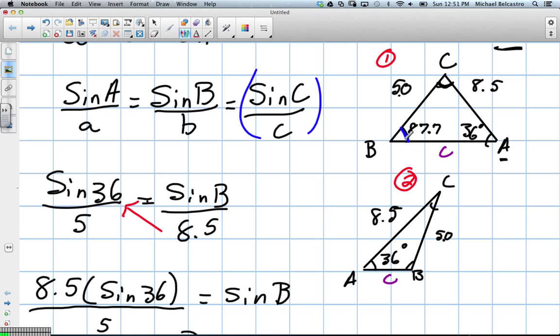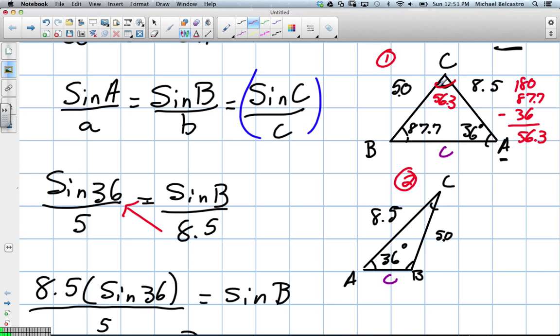This makes sense. We have an acute angle, and this is acute, less than 90. So we can easily find out angle C for this one here. We're just going to take the 180 and subtract 87.7 and 36 from it. And what will we be left with? 56.3. 56.3. Great.